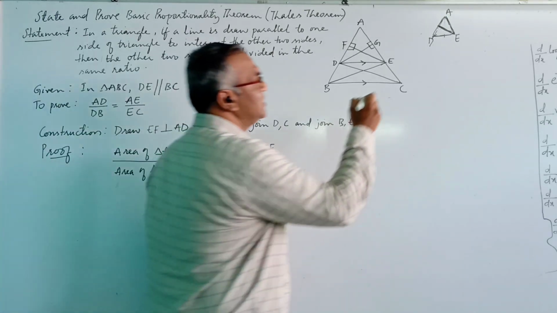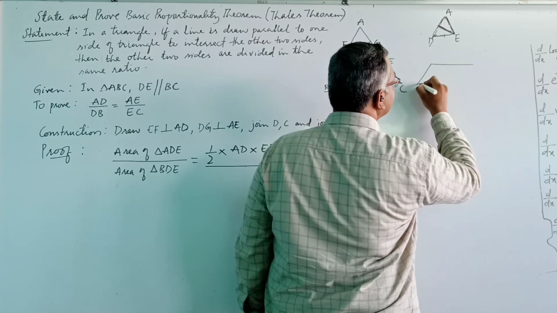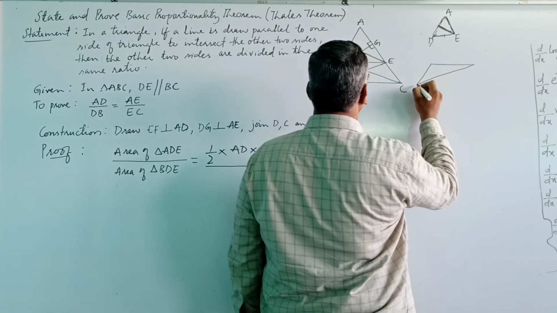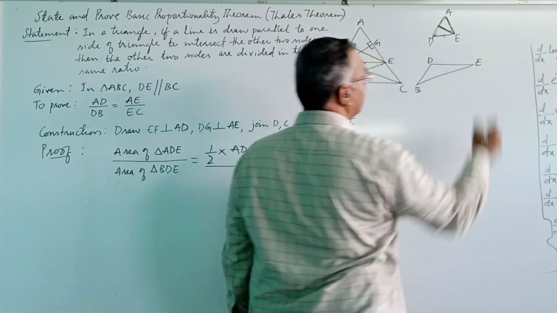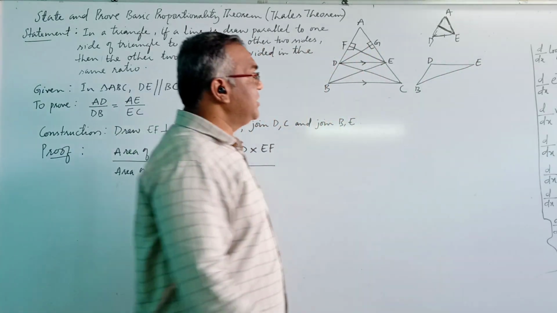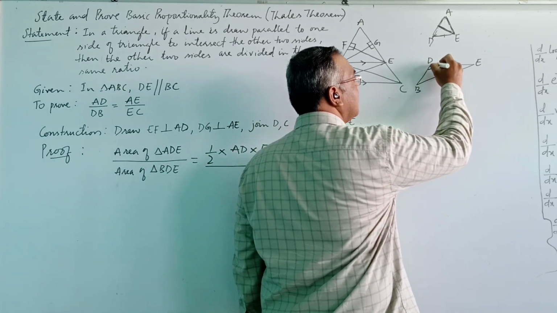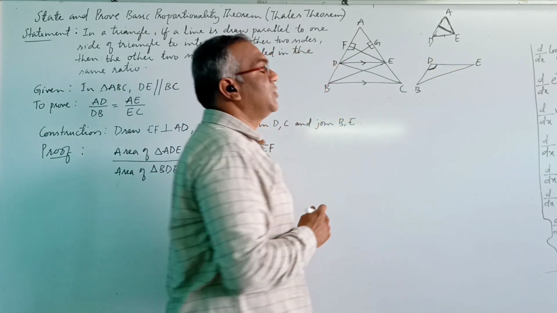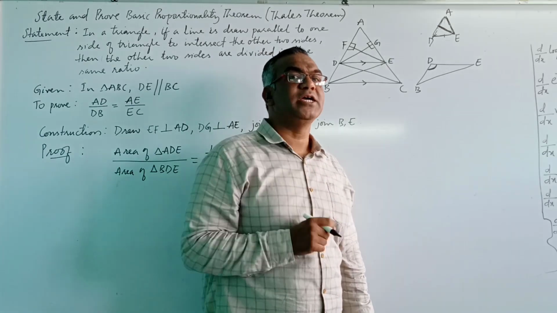Triangle BDE is like this. If you observe carefully, B is here, D is here, E is here, right? And it is an obtuse angle triangle.